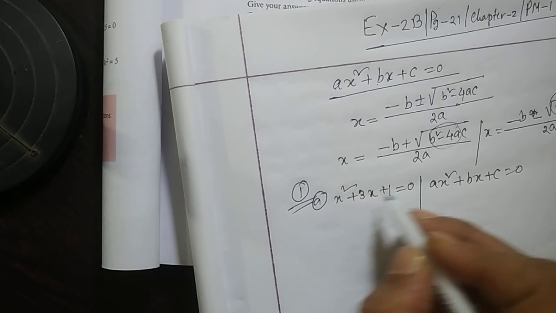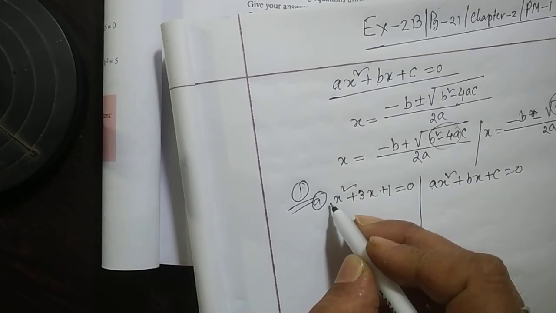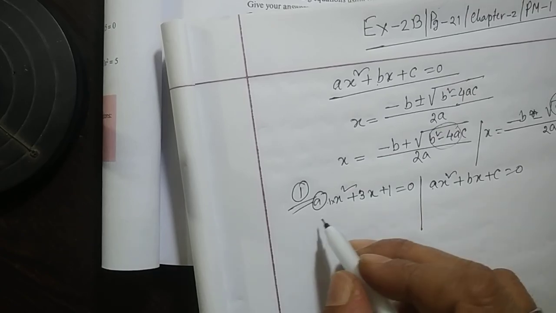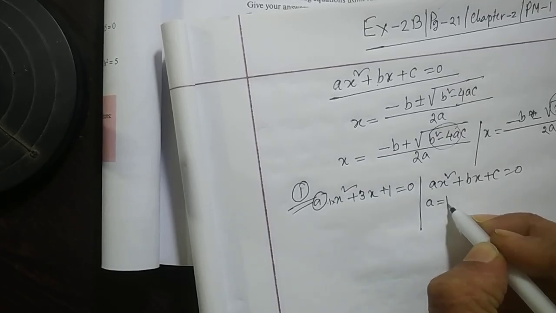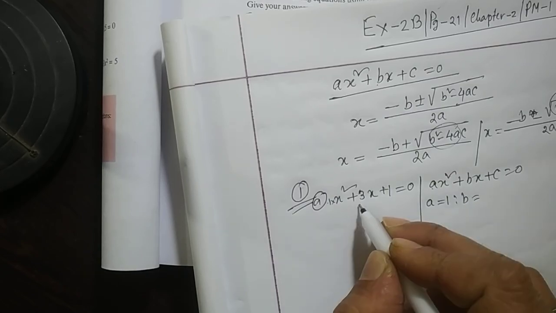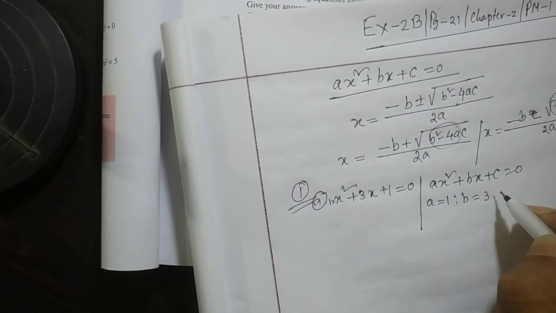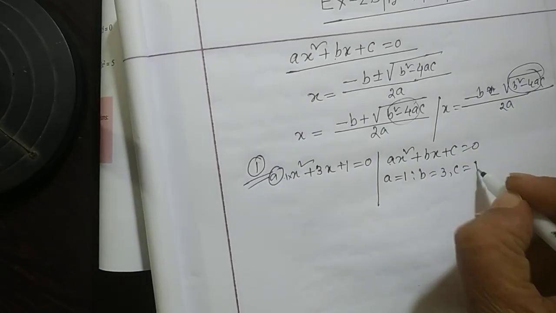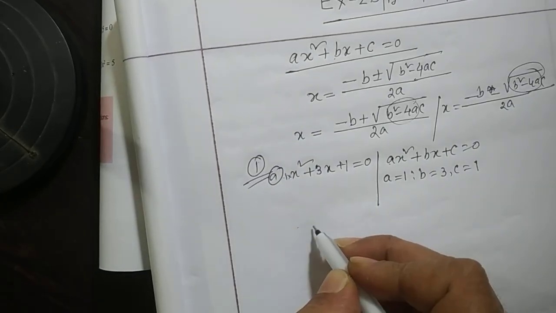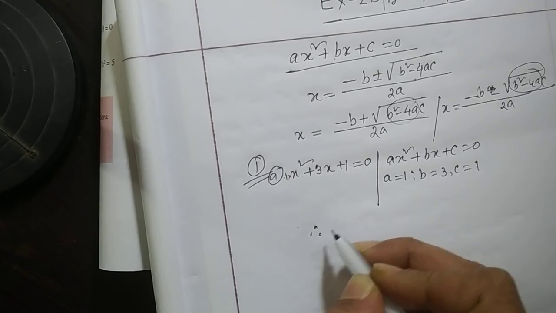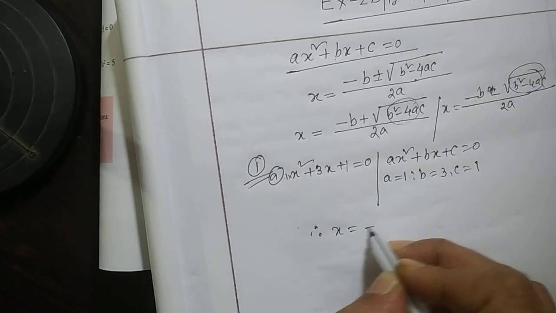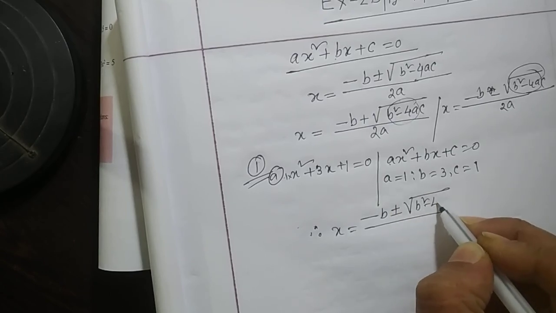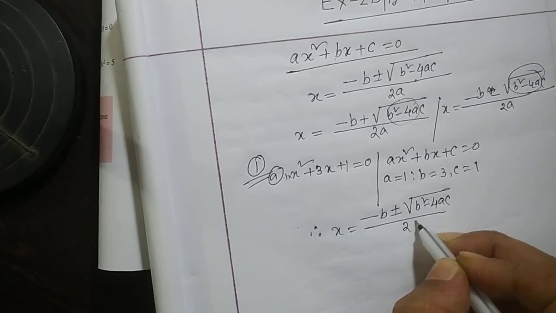Here look, if we compare a with 1, if there is nothing, then you can take it as 1. So a is equal to 1, b is equal to 3, and c is equal to 1. Now our general solution is x is equal to minus b plus minus square root of b square minus 4ac by 2a.